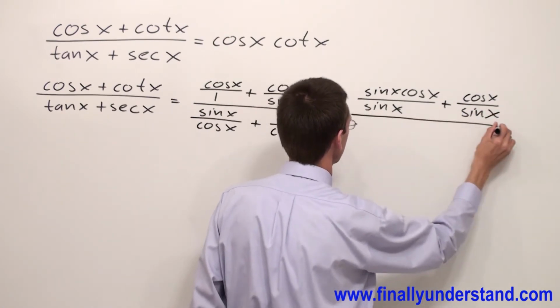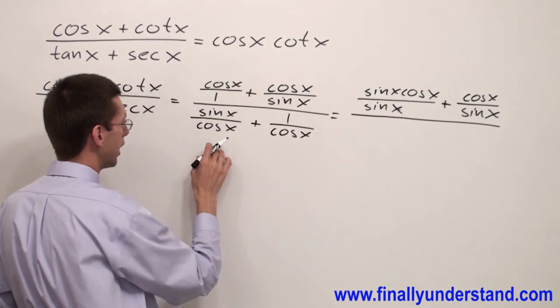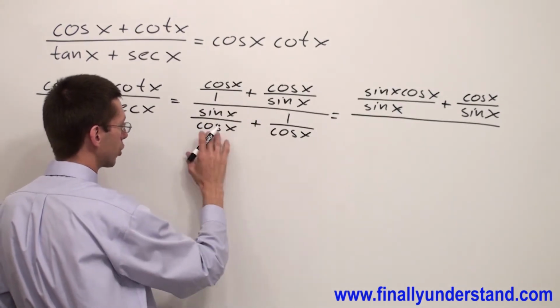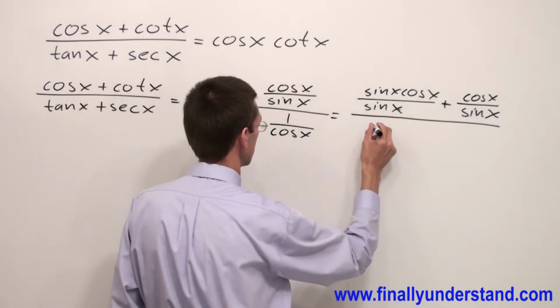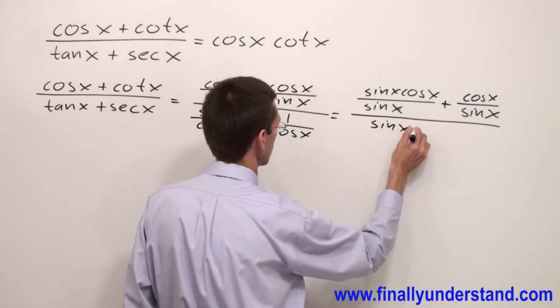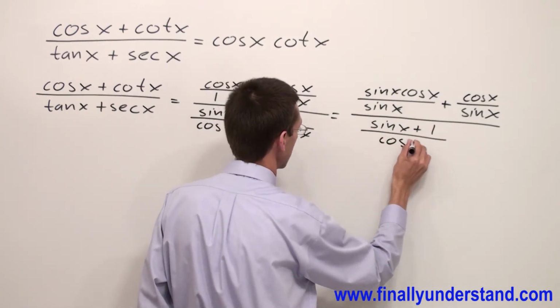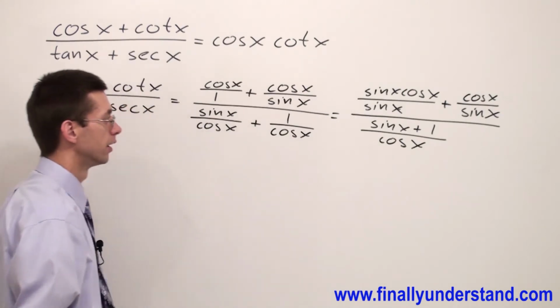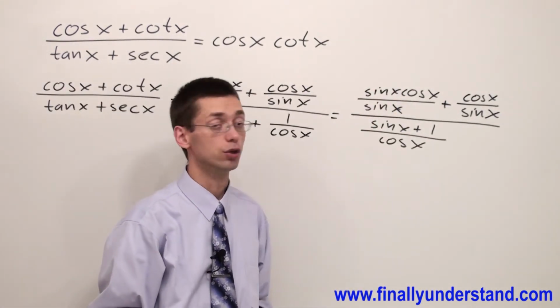Over my denominator has already a common denominator. That's why I'm going to just rewrite this: sine x plus 1 over cosine x.